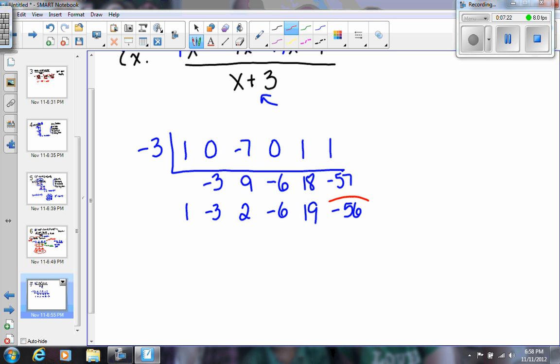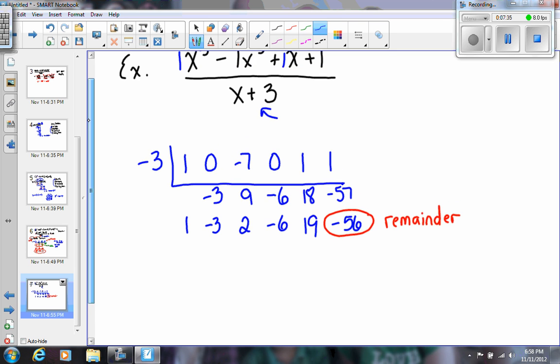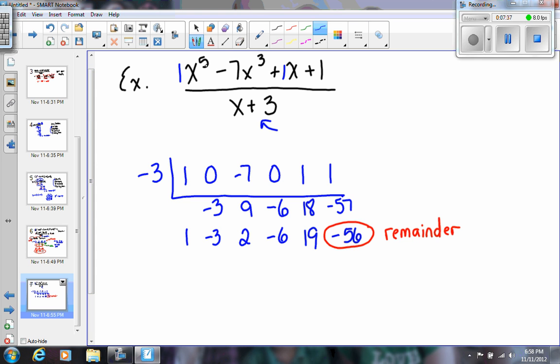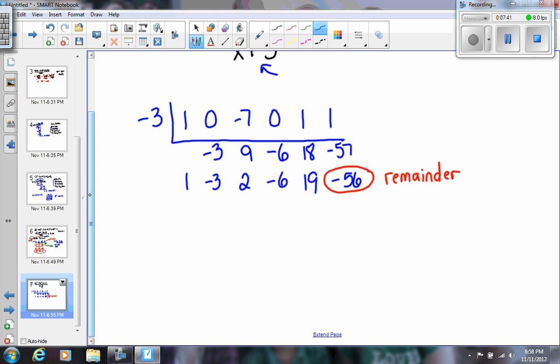Now, this last spot right here, this is my remainder. The last spot will always be the remainder. This time I didn't get a remainder of 0. So the way I write out my answer, remember that I started with x to the 5th, so my answer is going to start with 1 power less, x to the 4th. These are the coefficients to my answer.